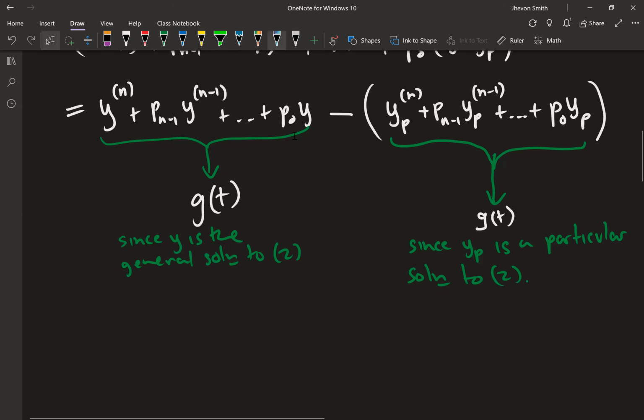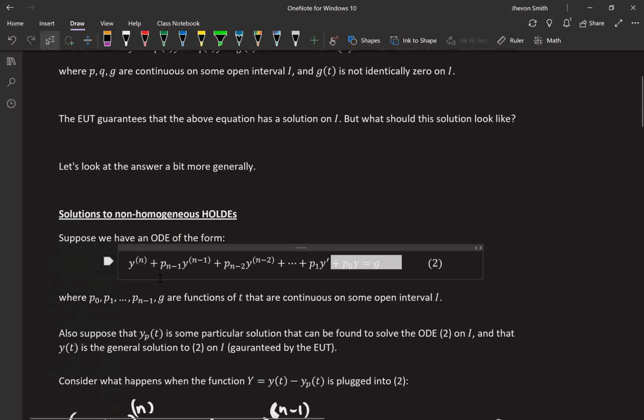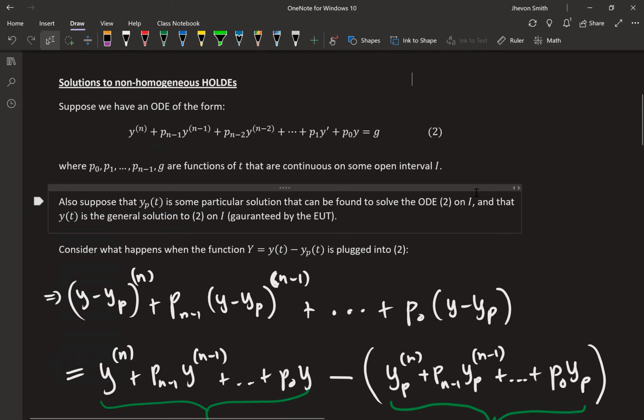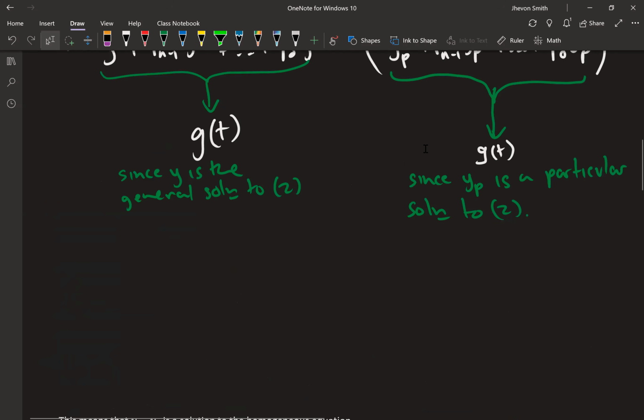But it is a solution, which means if I plug it into this equation, on the left side, g should appear on the right side. And so, of course, what you're going to have here is g minus g. And so, ultimately, this whole thing gives you 0.